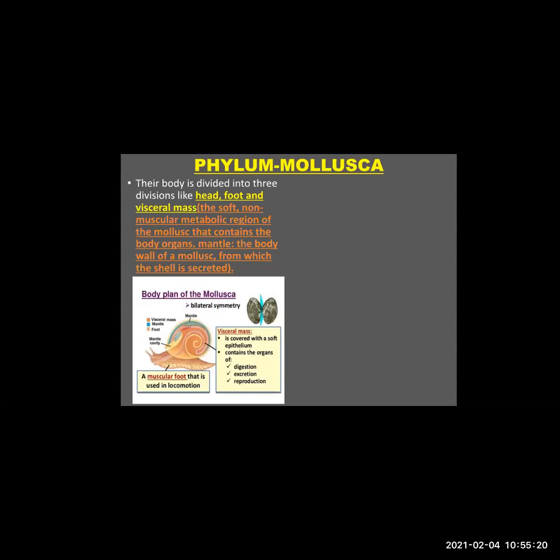It is soft in nature, non-muscular, and it is the metabolic region. It also contains all the important organs of this animal, like digestive organs, excretory organs, and reproductive organs.